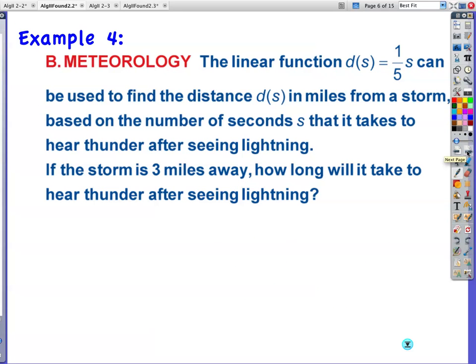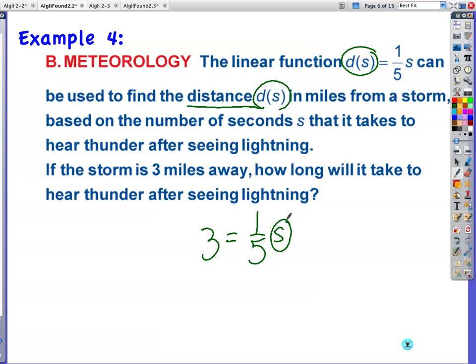Same kind of problem. However, if the storm is 3 miles away, how long will it take to hear the thunder after seeing lightning? So now you know how far away it is. We want to figure out what would be the space between the lightning and the thunder. Well, now this amount right here, d of s, is the distance. So I'm going to say 3 equals 1/5 s.